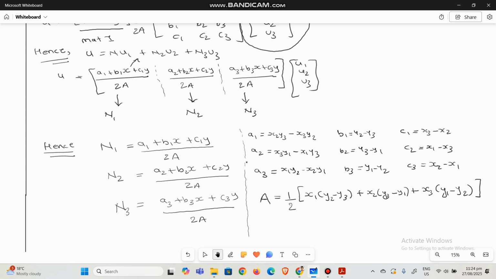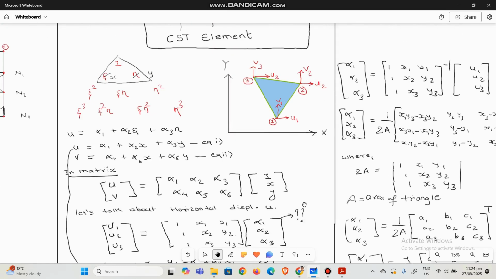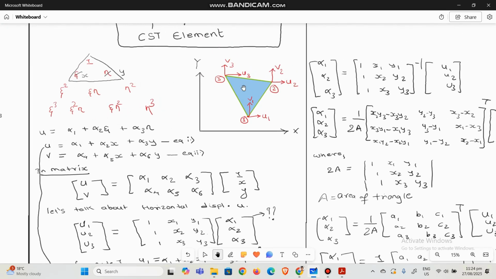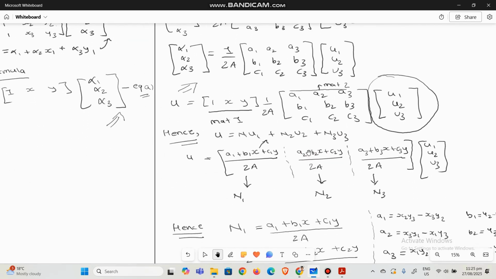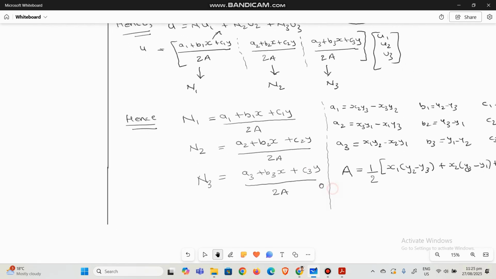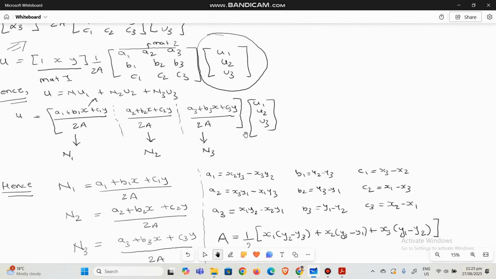So this is basically it. And you remember that the whole process starts with Pascal's triangle, whichever element we want, and we just represent it this way. And if you do the similar thing for v as well, then you can get the similar formula. This was for our horizontal displacement.